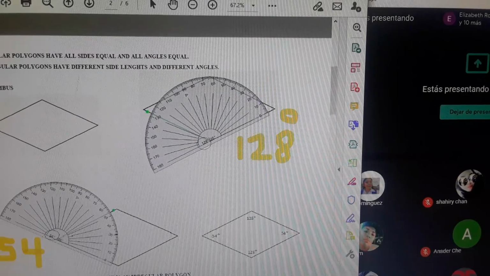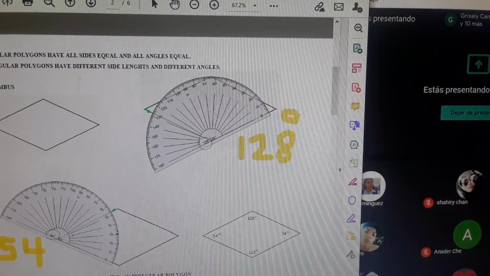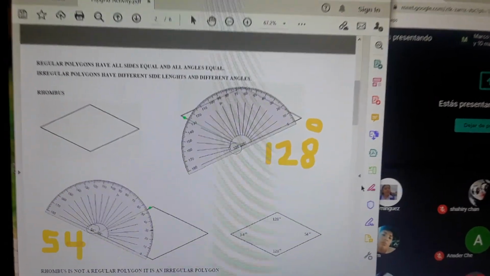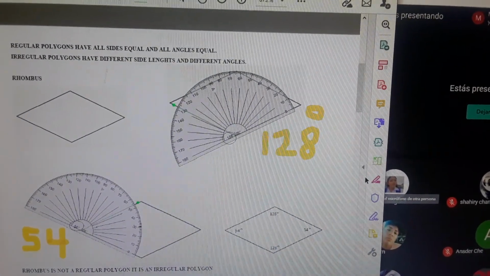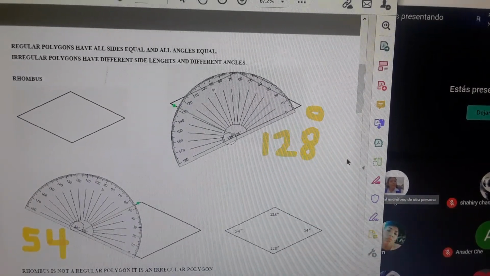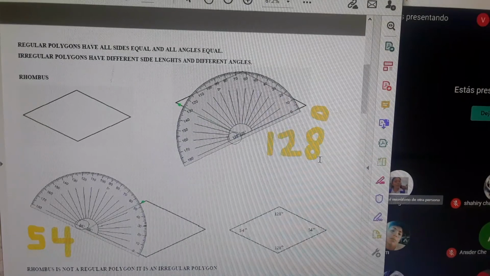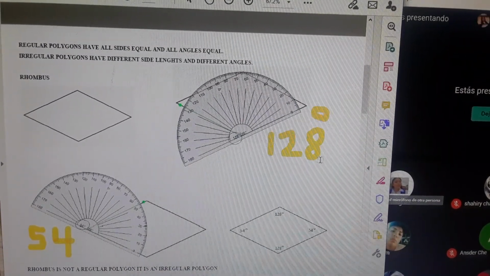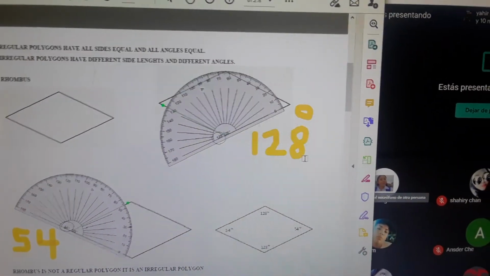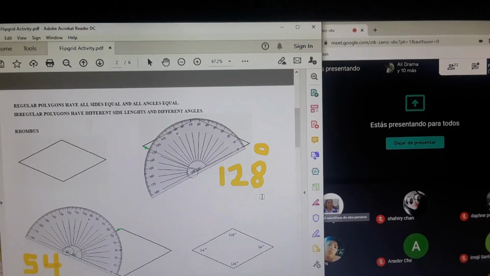If I measure the angles, I will end up seeing that two angles are big and two angles are small. So that tells me that it is not a regular polygon, but more an irregular polygon. Okay, so a rhombus, guys, although their sides are equal, their angles are not equal. So that is why we can say that a rhombus is an irregular polygon. Okay, you understand this?